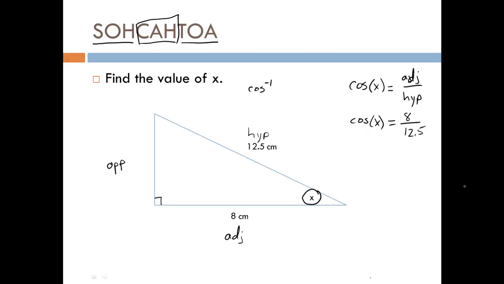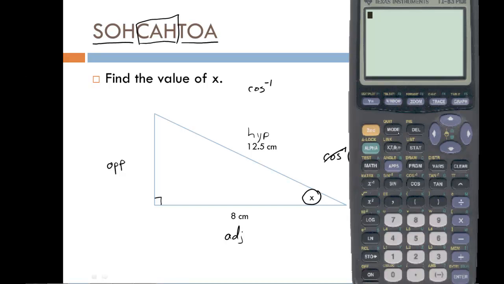So if we take the inverse cosine of the normal cosine of x, and we do the same thing on the right side, we take the inverse cosine of this ratio, on the left side, everything cancels out, and we're just left with x. So in this case, x equals the inverse cosine of 8 over 12.5.